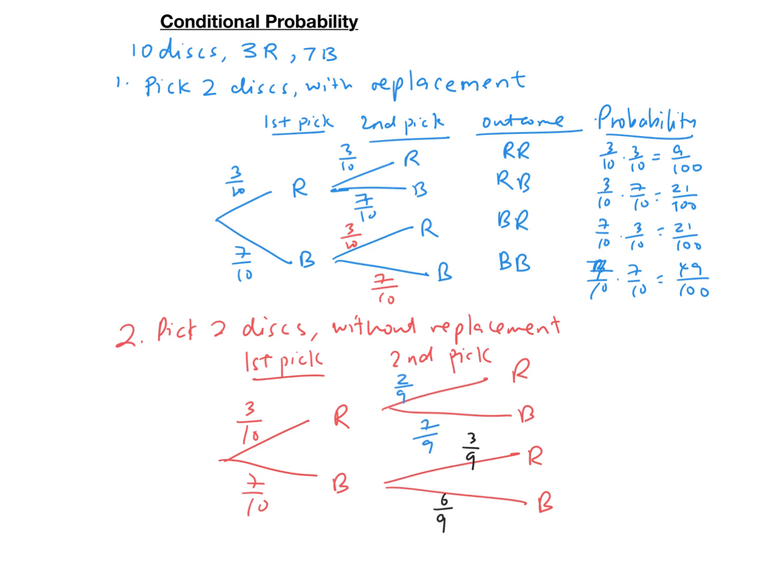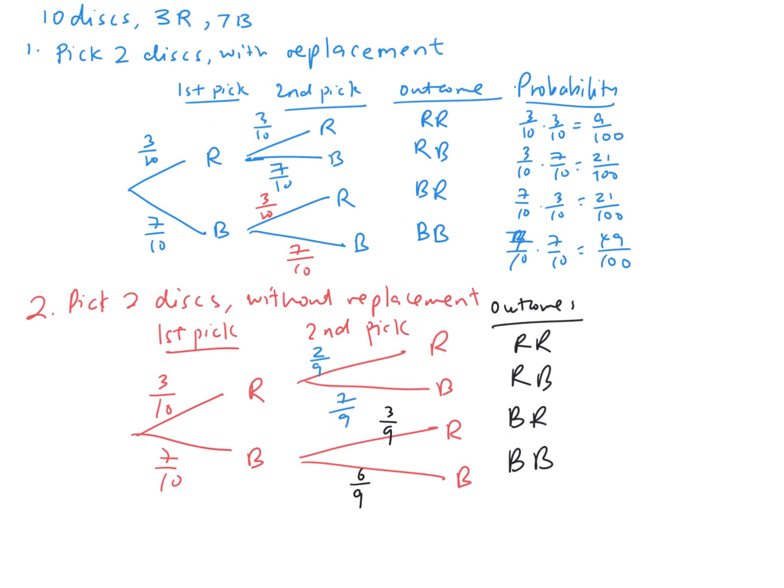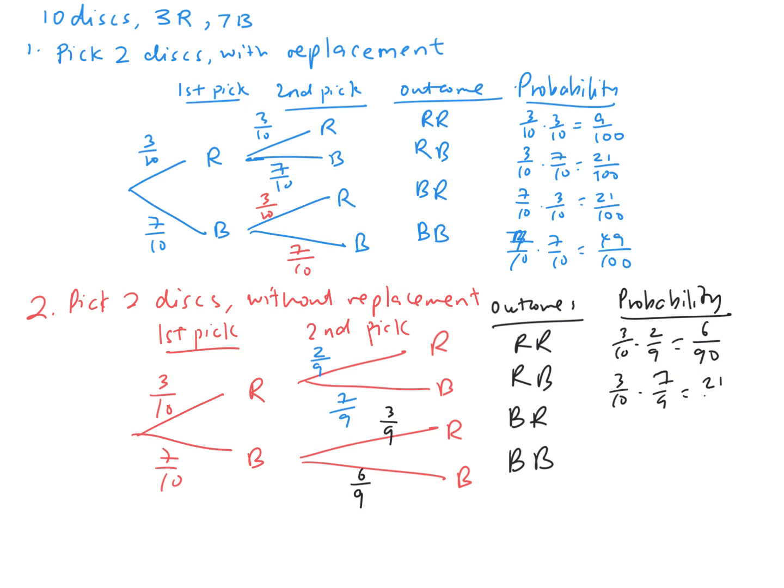If we look at the outcomes, we still have red-red, red-blue, blue-red, and blue-blue. And the probability will be 3 tenths times 2 ninths, and you get 6 out of 90. The second case, red and blue, will be 3 tenths times 7 over 9, you get 21 out of 90.